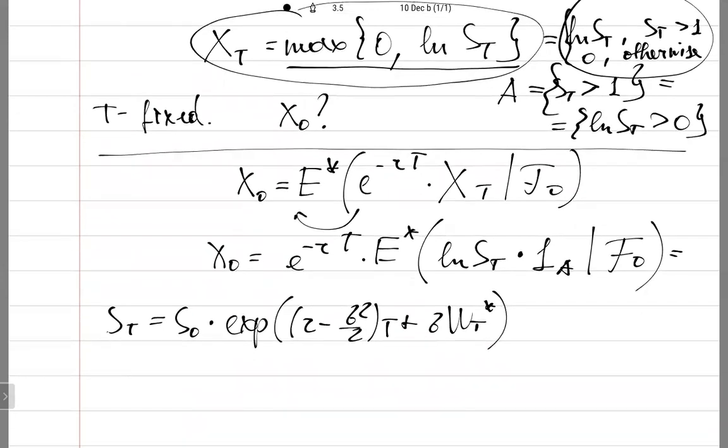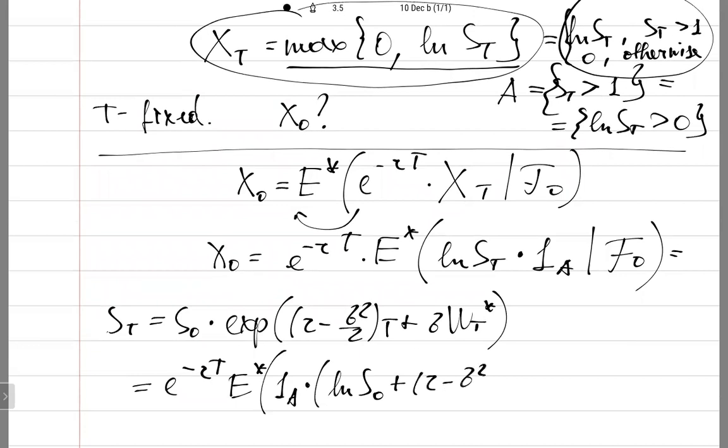Okay, so I plug in and I get exponent minus RT. What do I have here? I have the indicator of A multiplied by ln S0 plus (r minus sigma squared over 2)t plus sigma WT, given F0.